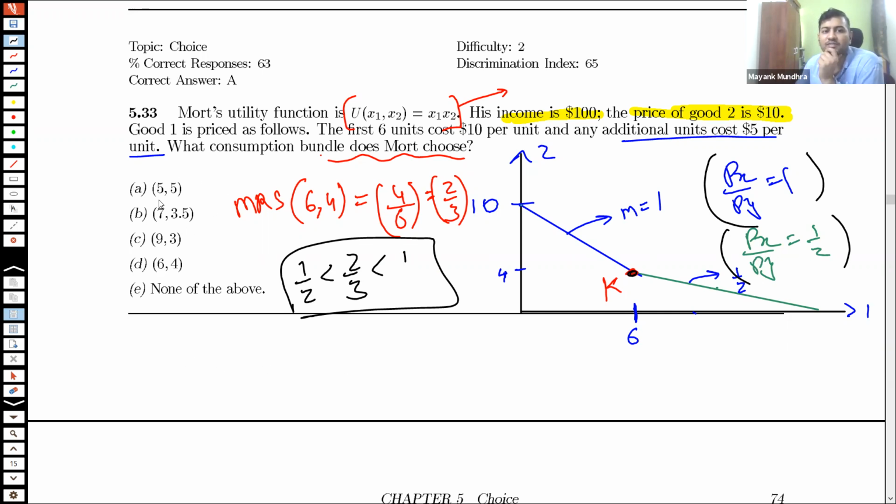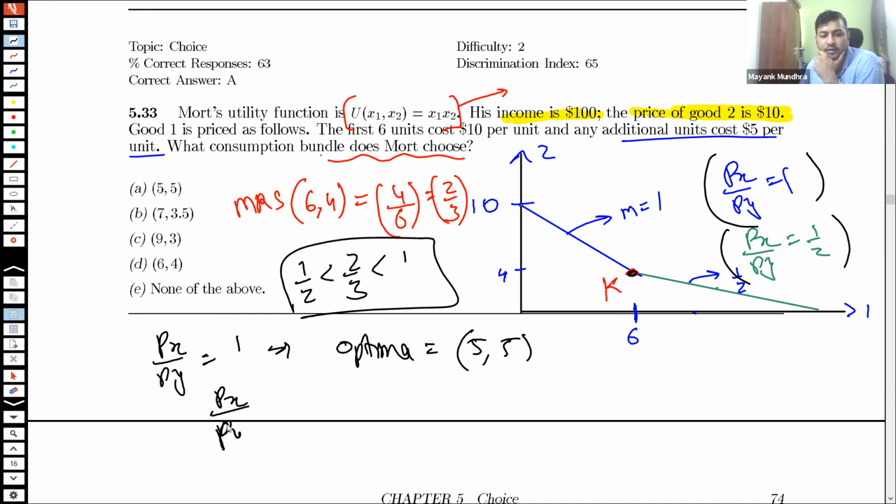So at px by py equal to 1, the optima is phi by phi comma phi. Okay, and at px by py equal to 1/2, the optima is going to be twice as much.